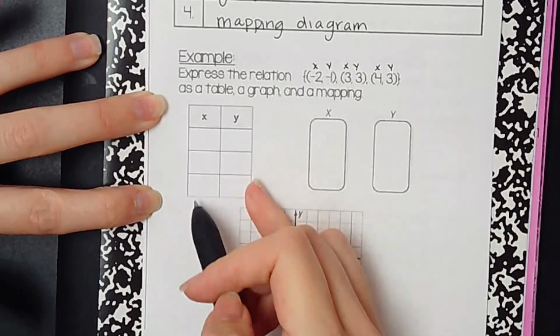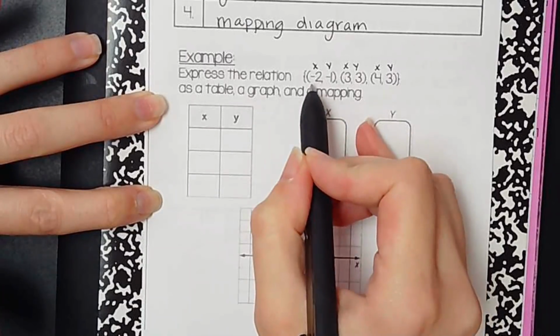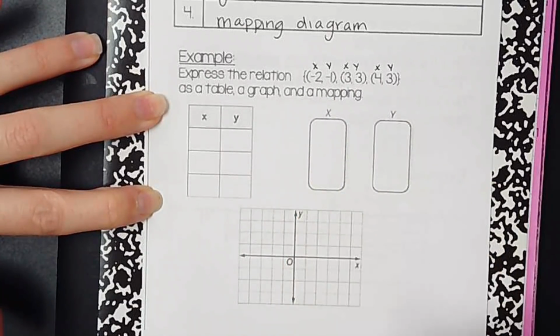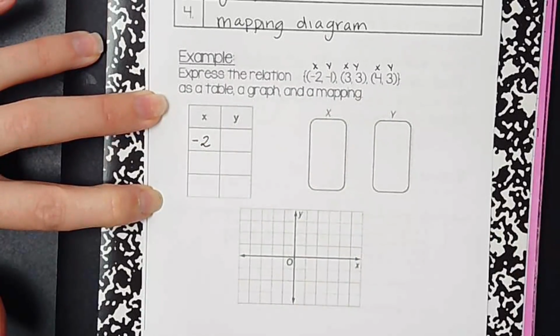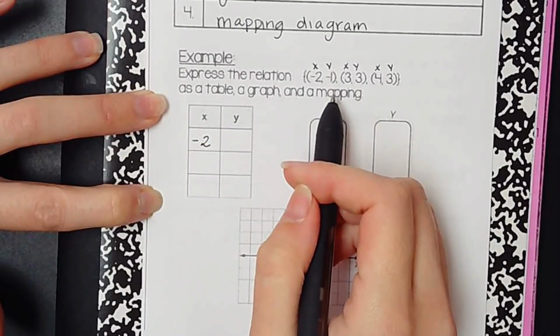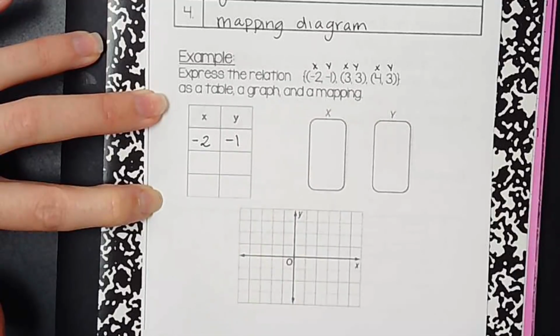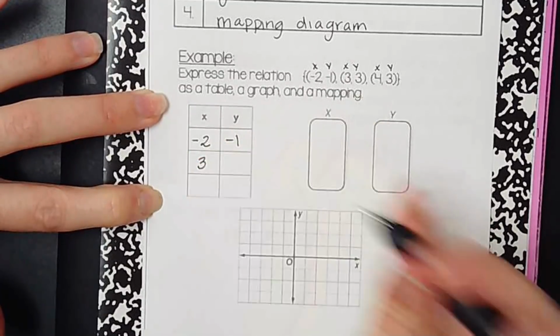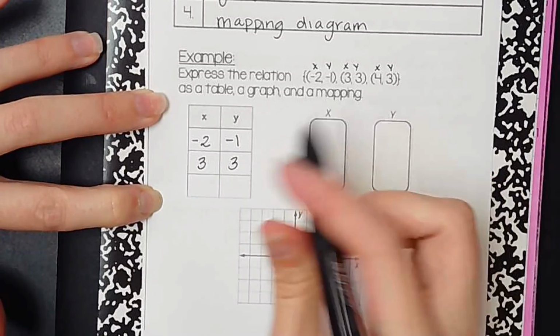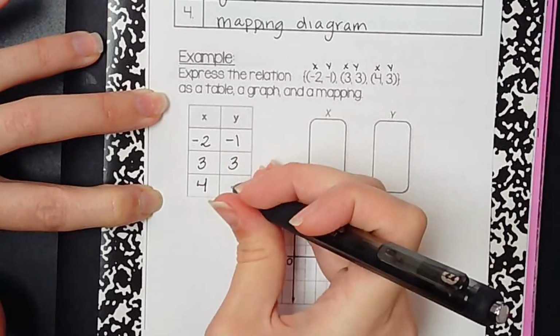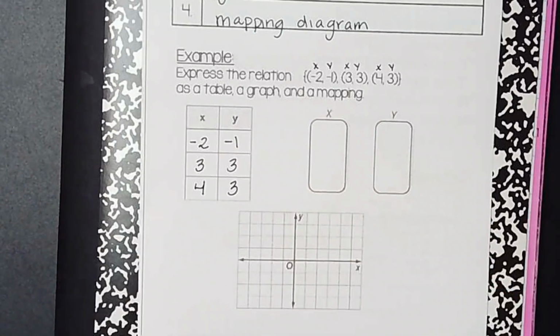So when I'm filling in my x values for my table, I'm just pulling the x values from the ordered pairs. So my first ordered pair has an x value of -2. Its y value is -1. The second one has an x value of 3 and a y value of 3. The third one has an x value of 4 and a y value of 3.